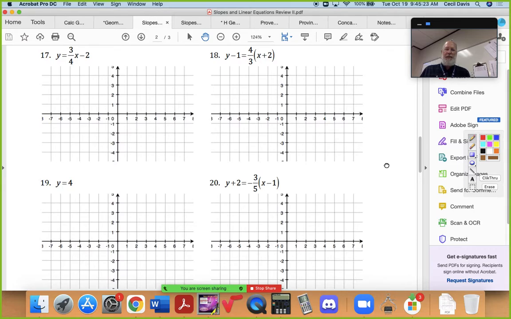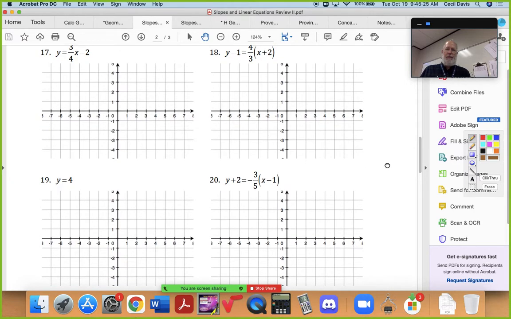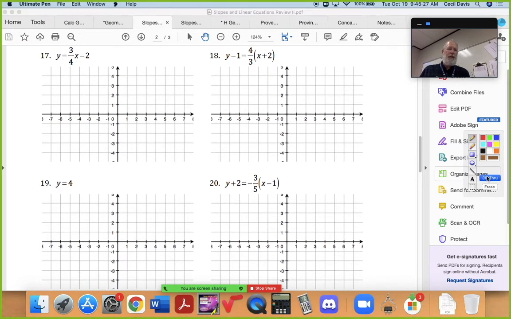For number 17, we're going through the point -2 on the y-axis with a slope of 3/4. So it should look something like this.